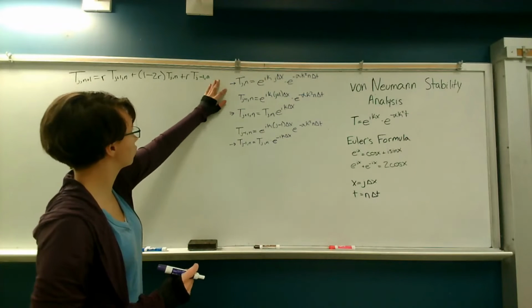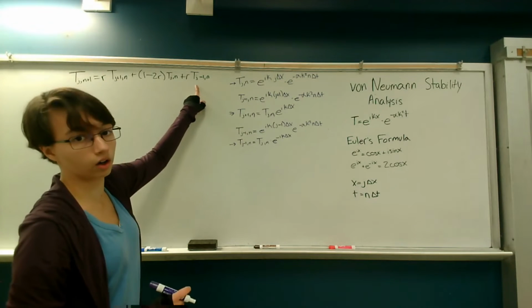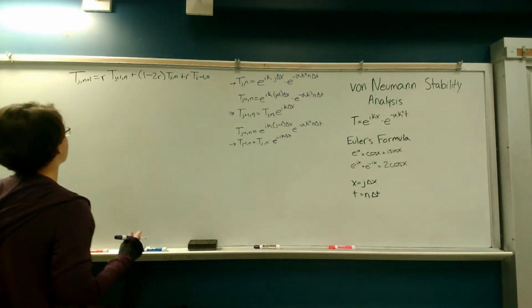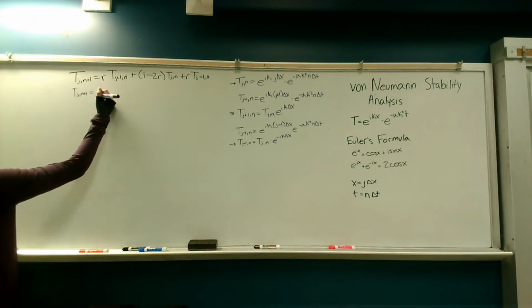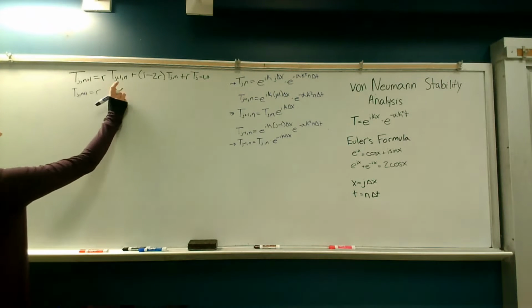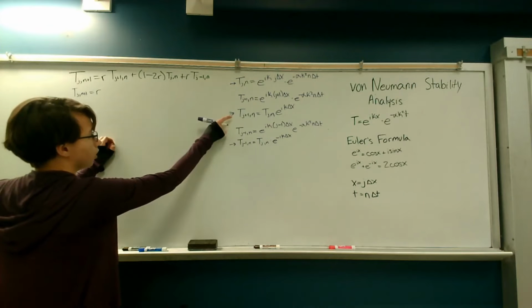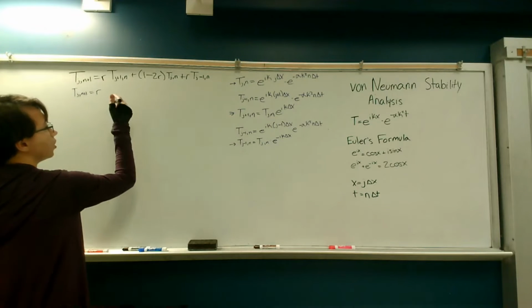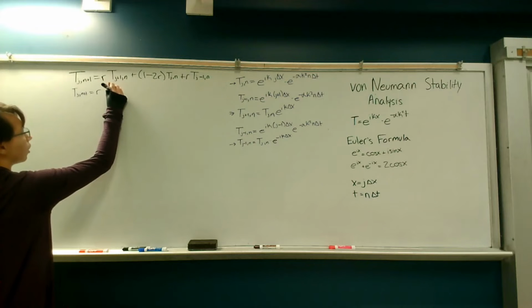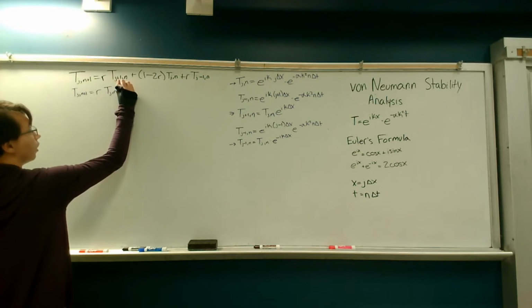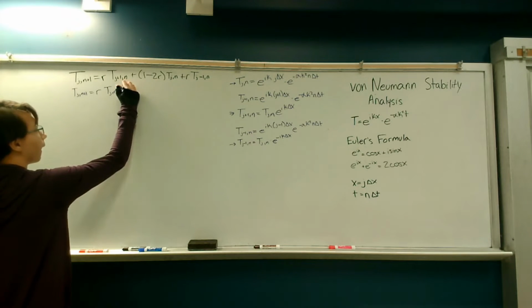And then we can plug those three things into our equation up here. So we've got T at j at n plus 1 is equal to r times T at j plus 1. So that's this. So we've got T at j at n of e to the i k delta x.